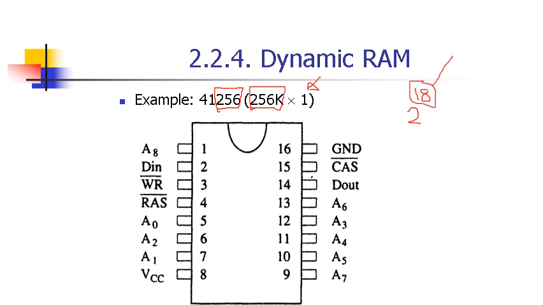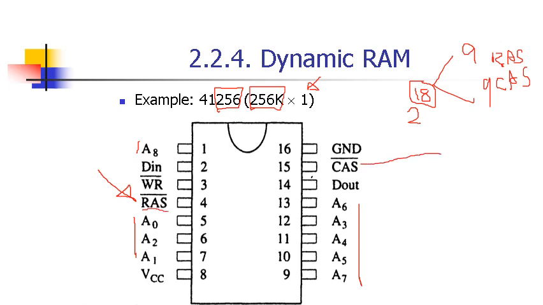If you choose to split them into 9 by 9 using the row address strobe and the column address strobe, you will have address pins A0 through A8, 9 address pins representing a row if you provide a 0 to your row address strobe, and representing a column if you provide a 0 to your column address strobe, and you have only a single output pin, because each memory location contains a single bit.